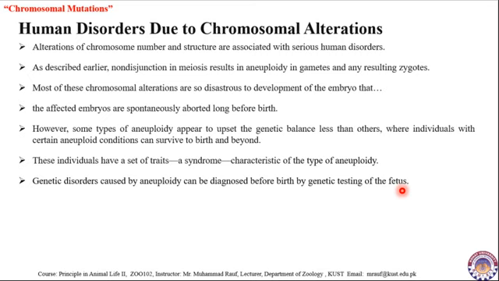Some of the cells of the developing embryo or from the amniotic fluid are taken and analyzed for the presence of any abnormalities. Just in case there are abnormalities, the parents are informed and they can take a decision about whether to carry on with the pregnancy or to abort.